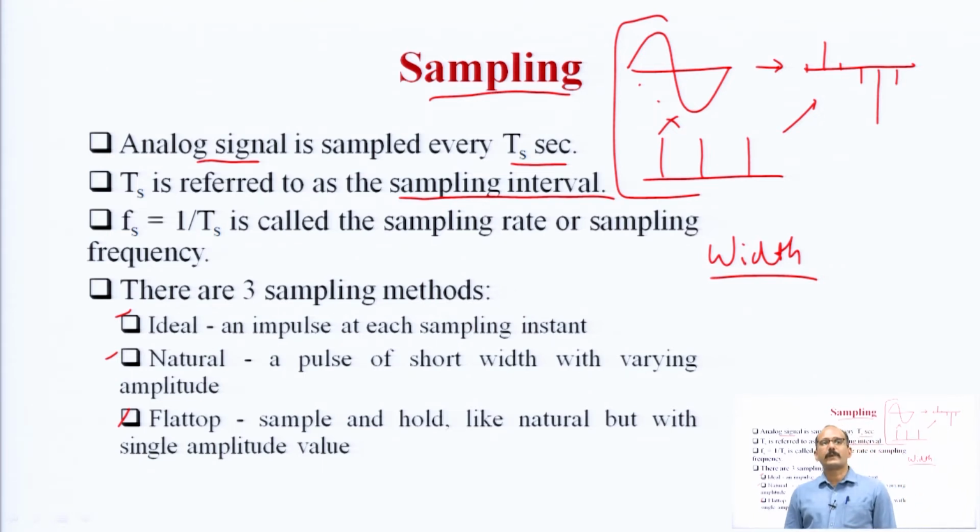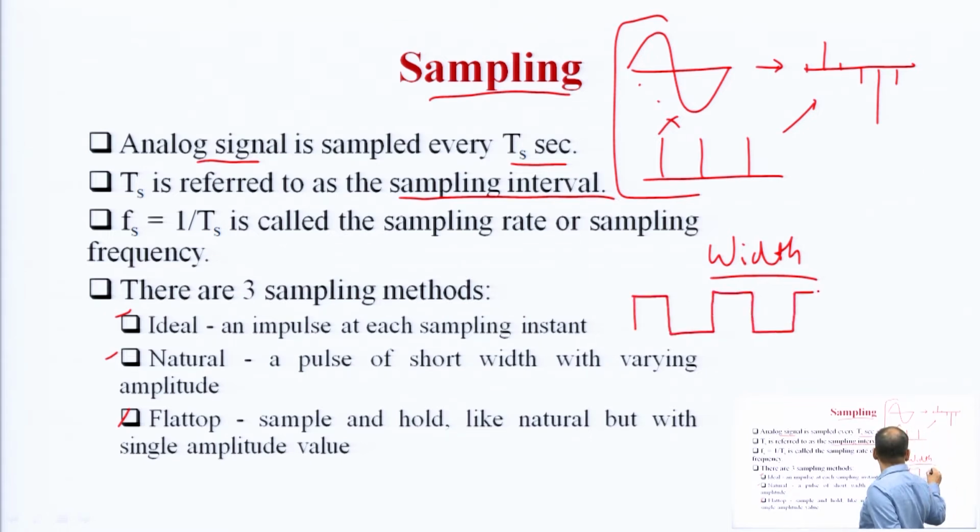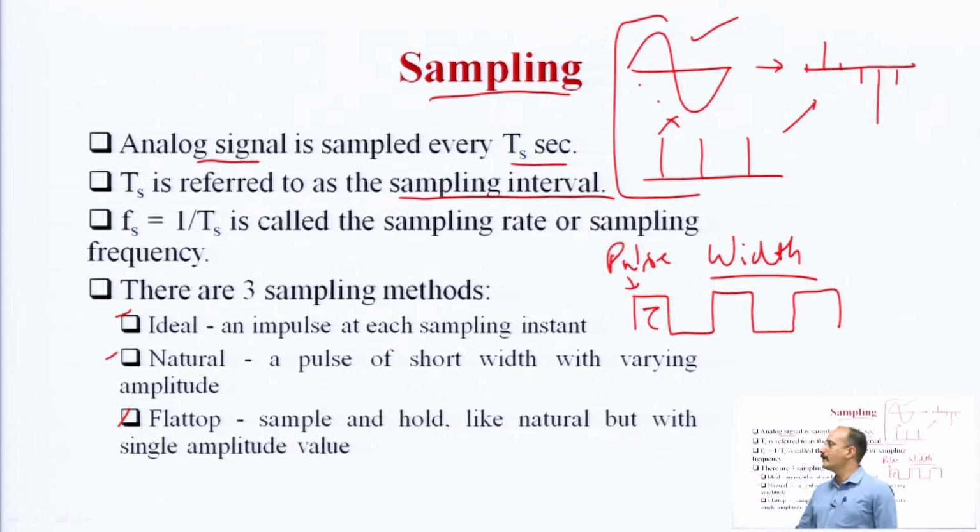So, the first practical possible technique of sampling is natural sampling, and that is actually we are using a pulse train of tau width, means you are having this input signal, this pulse train, and that pulse train is going to be multiplied with this signal, and we are getting this kind of signal.